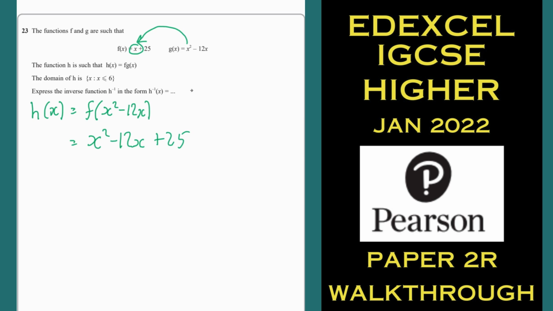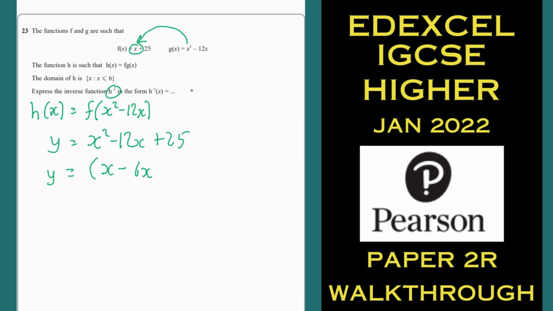And whenever you're trying to do inverse functions, I'm sure your teachers said, call it y. Now your job is to essentially make x the subject. Can be done using the quadratic formula, but no. When it's a quadratic, complete the square. X, halve the number next to x.